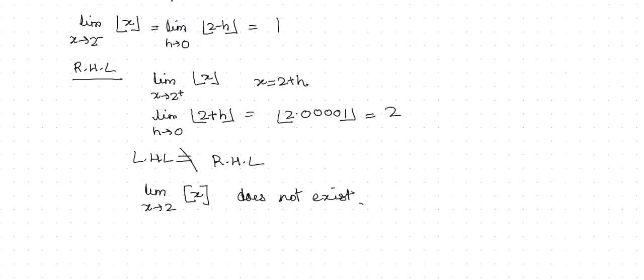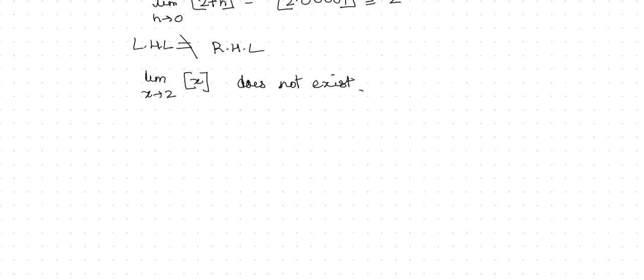For the right hand limit, it was 2 plus h, very slightly greater than 2, and it rounds off to 2. We saw that the left hand limit is not equal to the right hand limit in this case, and so the limit does not exist.